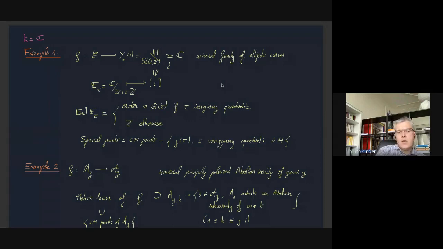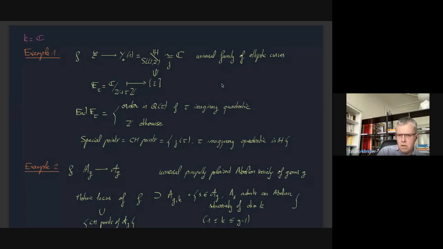In that case, the endomorphisms of your elliptic curve are an order in Q(tau), exactly when tau is imaginary quadratic. So the special points, the points where the fiber has exceptional algebraic cycles, are exactly the CM points. They correspond to the points j(tau), where tau is imaginary quadratic in the Poincaré upper half plane H.